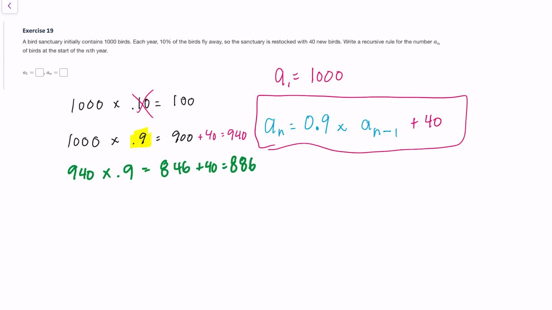If we take a look at the very first part where we multiplied by 10% and were left with 100, and we add 40 to that, that means we only have 140. But that's not that many birds, right? That's way too many birds being gone.